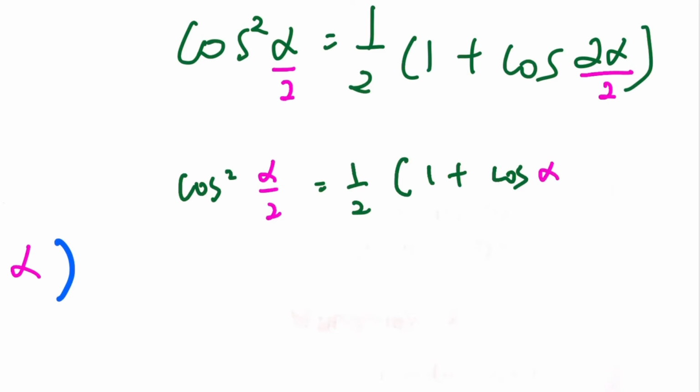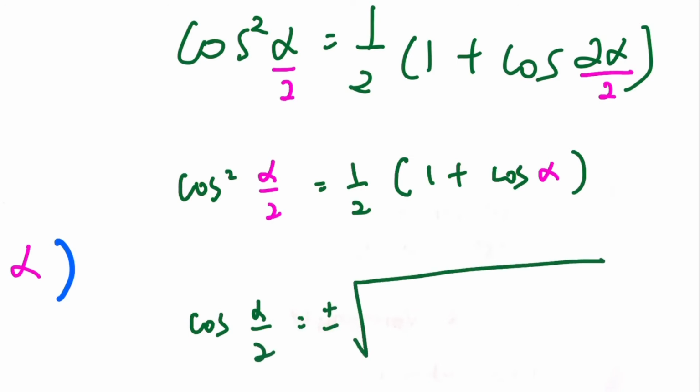Now we are left with alpha because the 2 here has been cancelled out. And finally, we want to find the value for cos alpha over 2, so this is plus minus the square root of our right hand side.